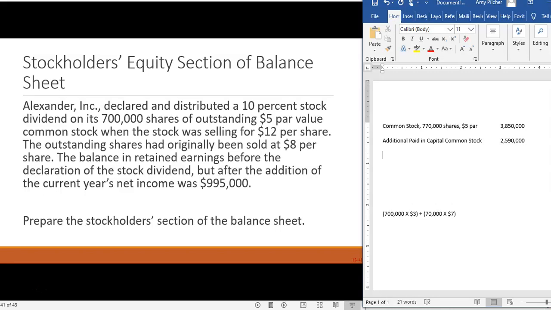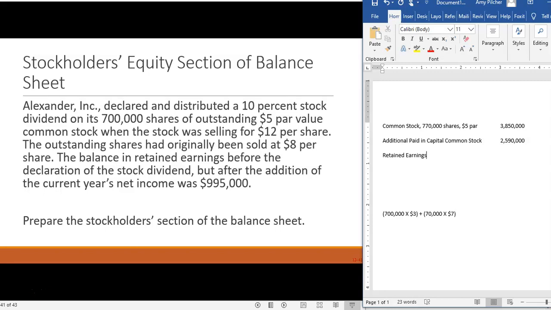The next thing we have is retained earnings. So we have the balance in retained earnings before the declaration of the stock dividend, but after the addition of the current year's net income was $995,000. So what is left in our retained earnings account?